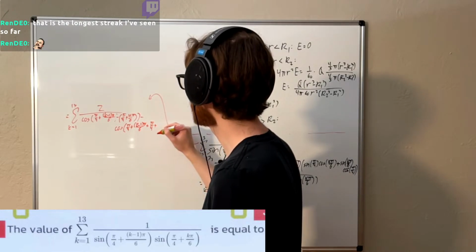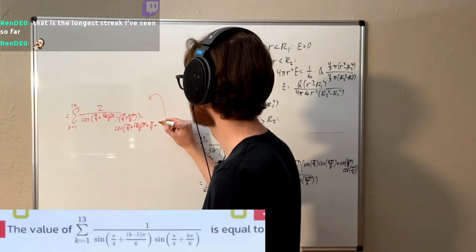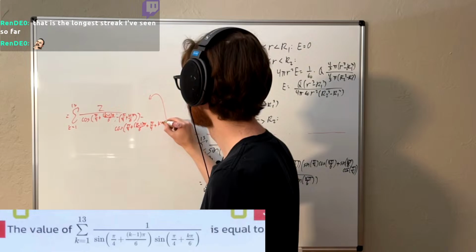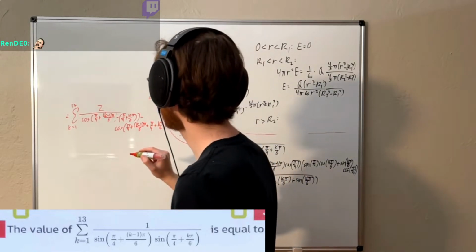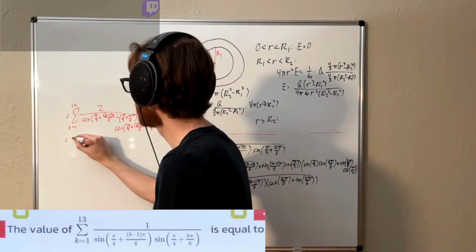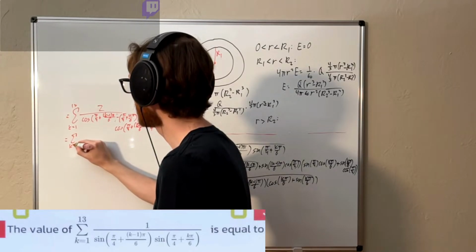Oh, the pi over 6 terms don't cancel on this one. That's really annoying. I'm much less of a fan of this identity now that I've realized that.